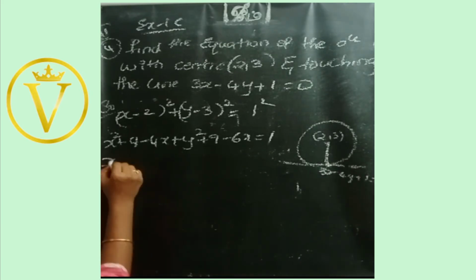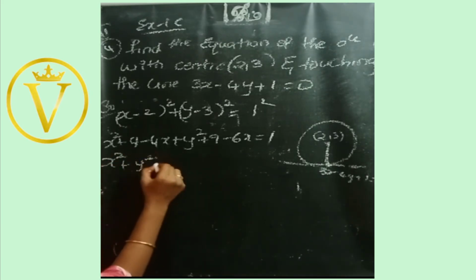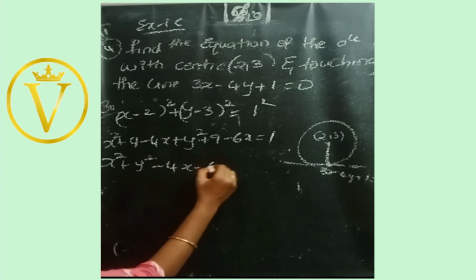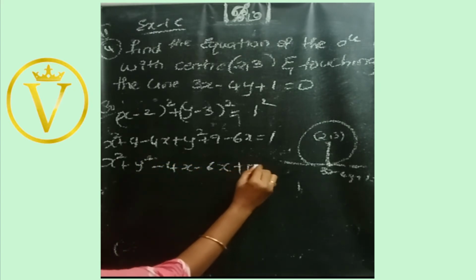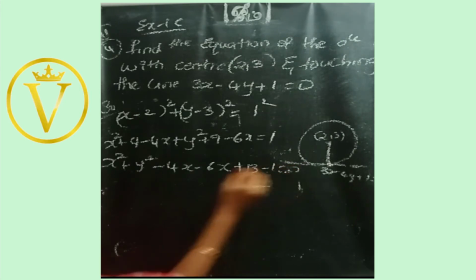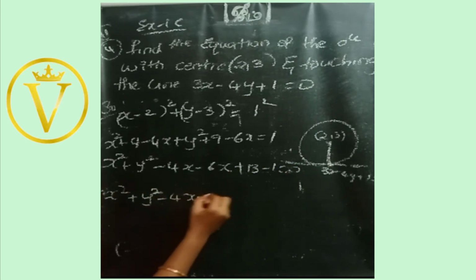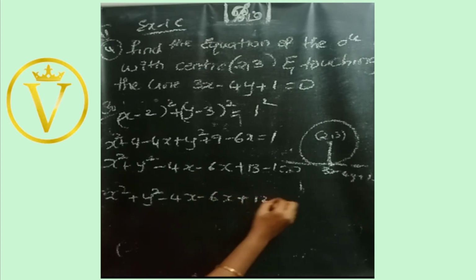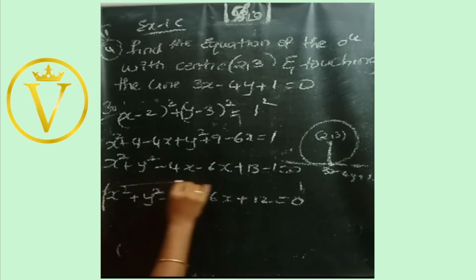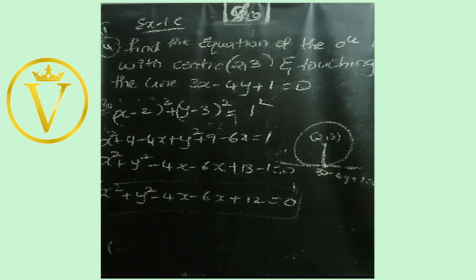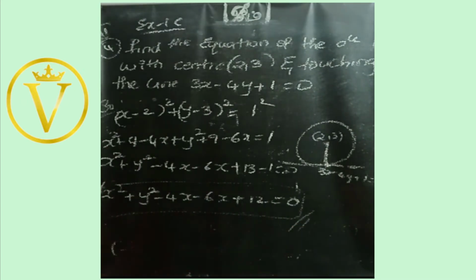Then you will get x square plus y square minus 4x minus 6y plus 13 minus 1 equals 0. So x square plus y square minus 4x minus 6y plus 12 equals 0. So this is the equation. Okay, very simple, don't confuse here.